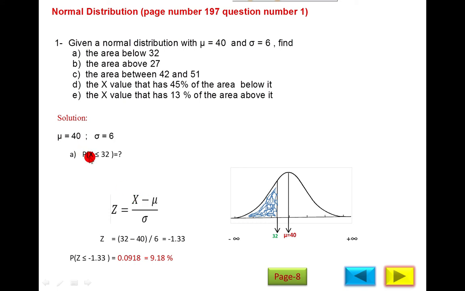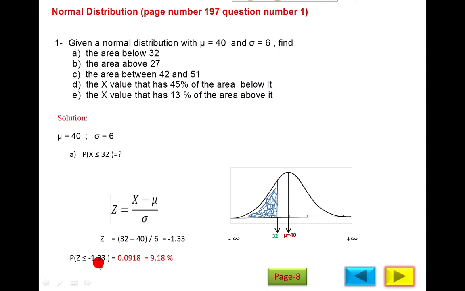After transformation, instead of X we write Z. The notation will be the same: 32 transforms into minus 1.33. This is the new value after transformation. If X below 32, less than or equal to 32, or Z less than or equal to minus 1.33, both are the same.